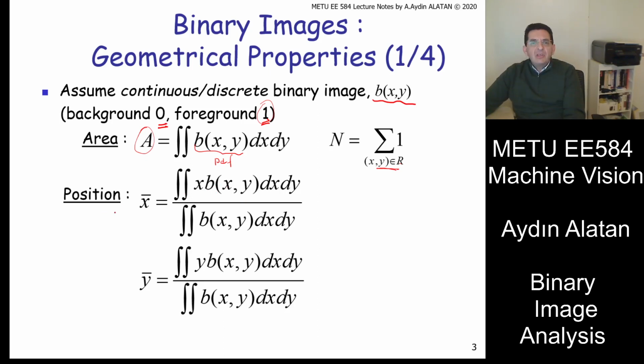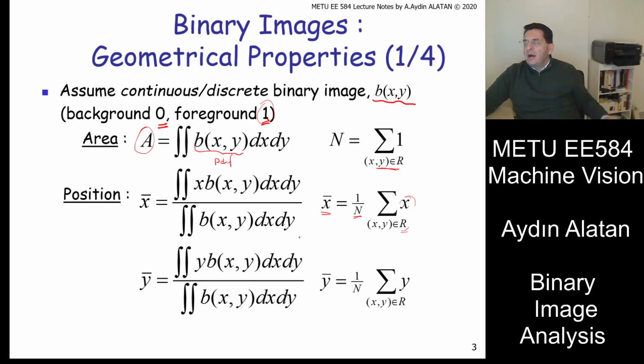This is the position. How do we obtain the center of mass of a binary image, okay? If you just simply add the coordinates of the pixels, the horizontal and the vertical, and take the average of these, you will obtain the x component of the center of mass, for discrete and for continuous cases.